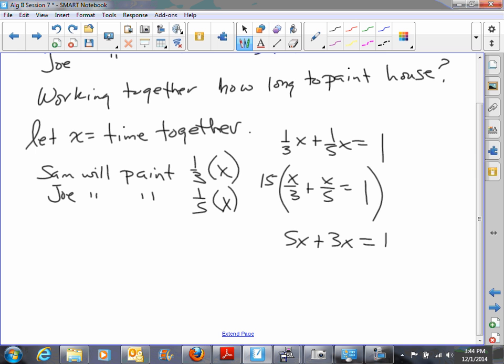And if we multiply 1 by 15, we get 15. So 8x equals 15. x equals 15/8, or 1 7/8 hours. And this is a problem that we actually had already done once in AR.